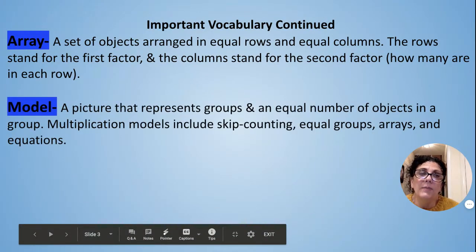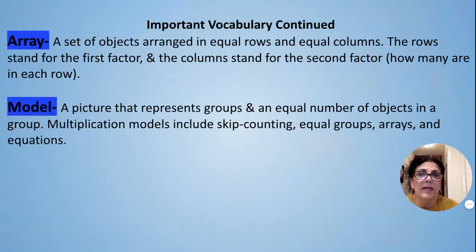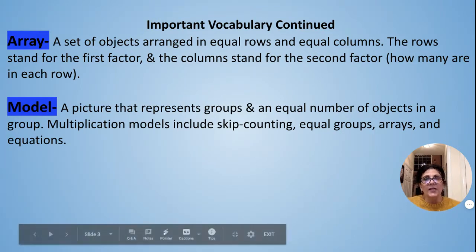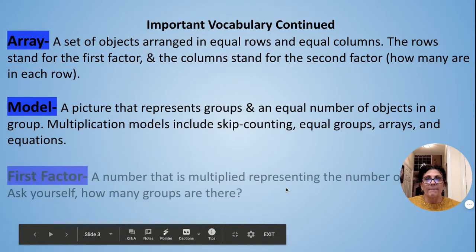A model can be many things, but more than likely it's going to be a picture that is given to you or a picture that you draw that represents groups and an equal number of objects in a group. Multiplication models include skip counting, equal groups, arrays, and equations.